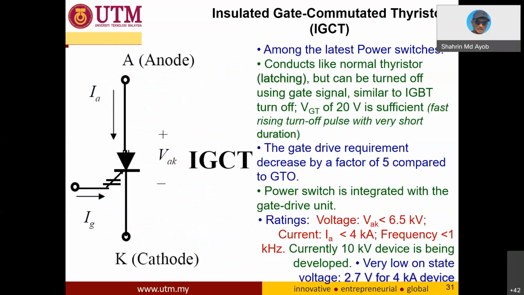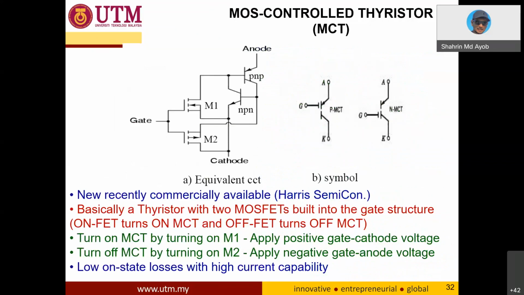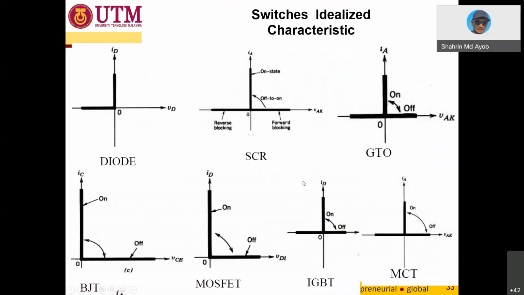Same with the GTO, the IGCT can go up to a very high power rating, but the frequency is very, very slow, as you can see here. Okay, the rating. When you have high power, voltage and current, the frequency is usually very, very slow. Okay, you have the MCTs and so on.